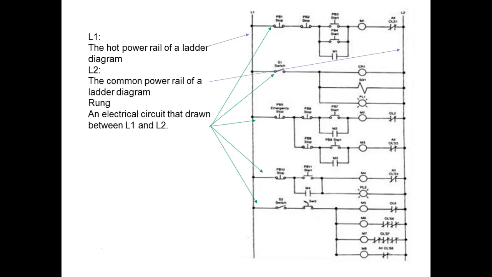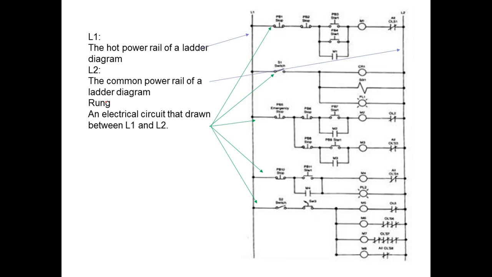These could be either DC or AC, and PLCs are moving more toward DC. Then we call these what? So what is a rung? A rung is an electrical circuit that runs between L1 and L2.